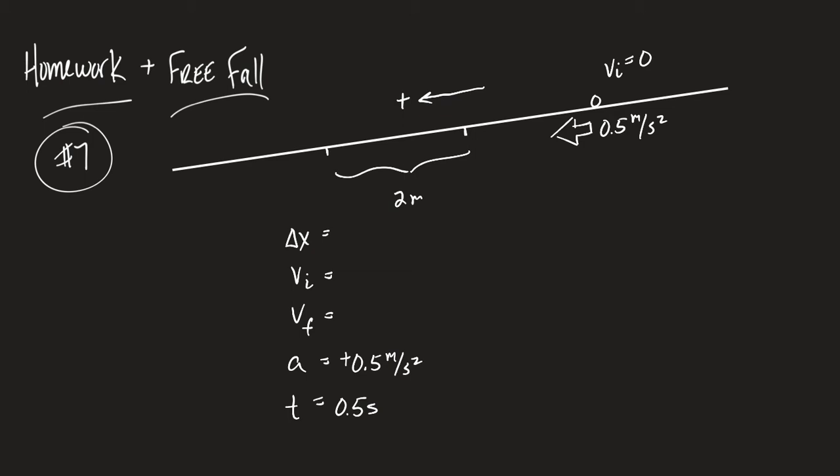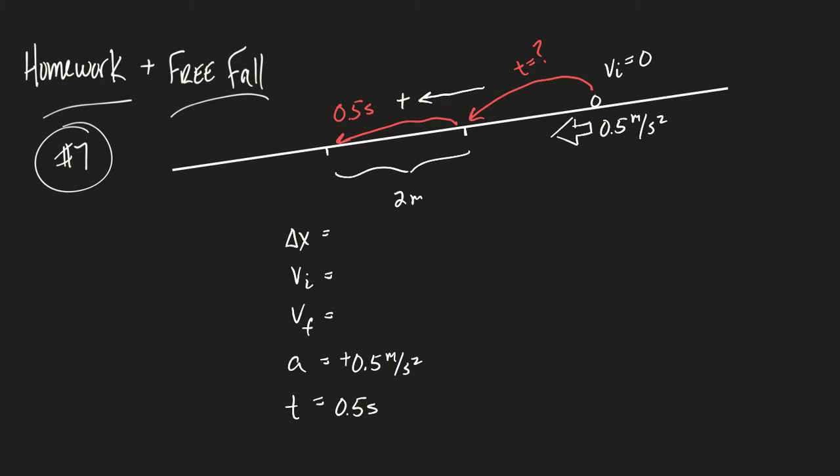Everybody follow along? That's what I think the problem is telling me, which means I don't really know how long it took the ball to go from here to here. That time isn't known to me, but I know that it took the ball 0.5 seconds to go that distance. Do you understand why I'm making this distinction?